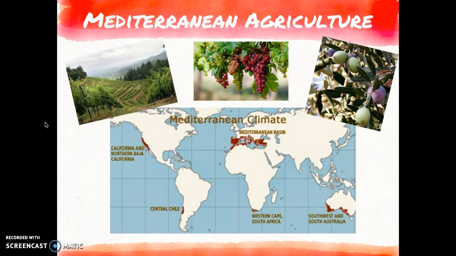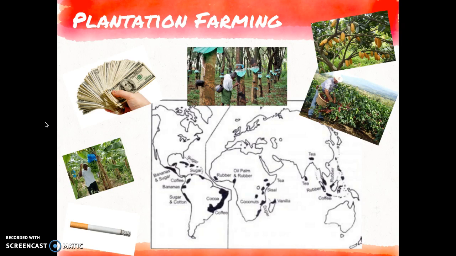Some examples of these are grapes, olives, specific types of nuts, fruits, and flowers. So this is typically only in developed countries. And remember, the practice of growing fruits, vegetables, and flowers is known as horticulture, so that might also be used in association with Mediterranean agriculture.